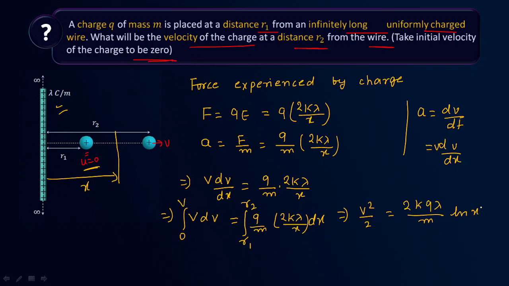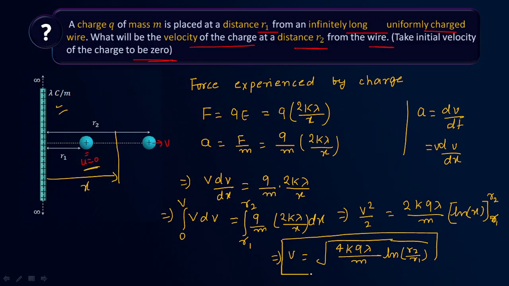So ln x from r1 to r2. So we can write v square by 2, and 2 can go to the right side, so v will be equal to root under 4k q lambda by m ln(r2 by r1). Hope it is clear to all of you. Yes or no? Now, good question.